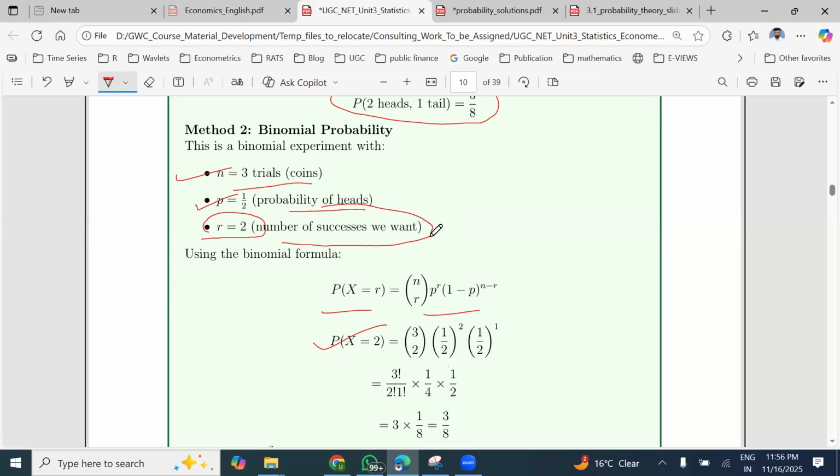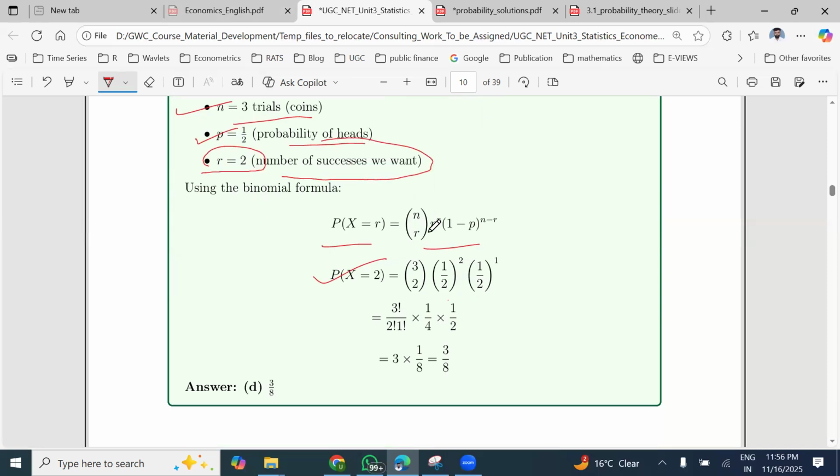So probability of X equal to 2 means you need 2 successes. So 3C2, then P is half to the power 2, then 1 minus P is also half, to the power N minus R, so 3 minus 2, it will be 1 only, correct?